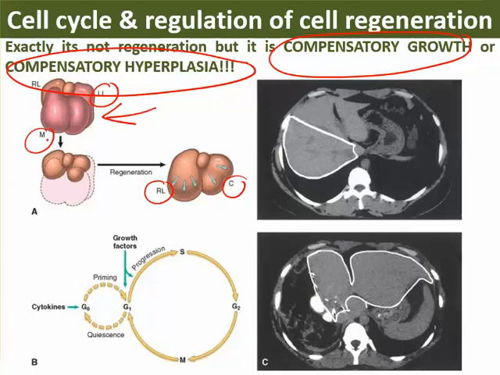Once again, the liver has 4 lobes, and we removed 2 lobes. Do you think those 2 lobes are coming back? Actually, they are increasing the size of the existing lobes. This is called compensatory hyperplasia.